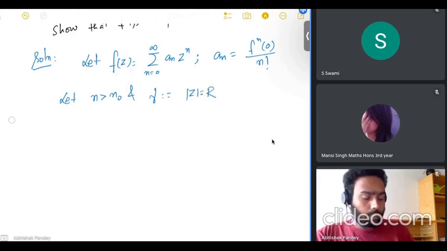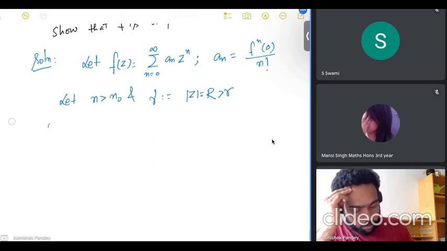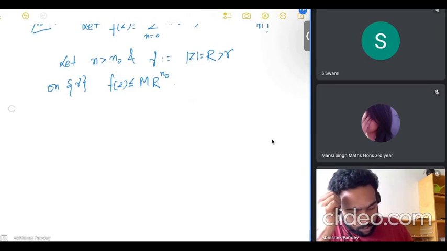So it's a circle of radius r where capital R is greater than r. Okay, so on gamma, basically we have this inequality, mod f of z is less than or equal to M r to the power n naught.